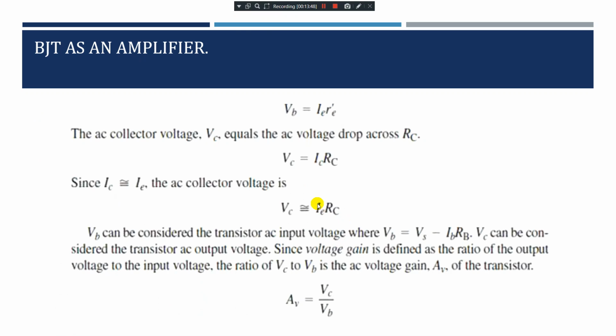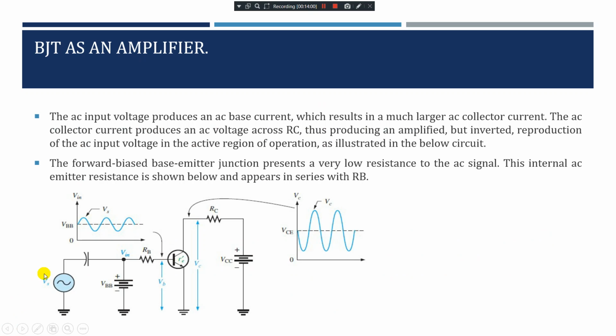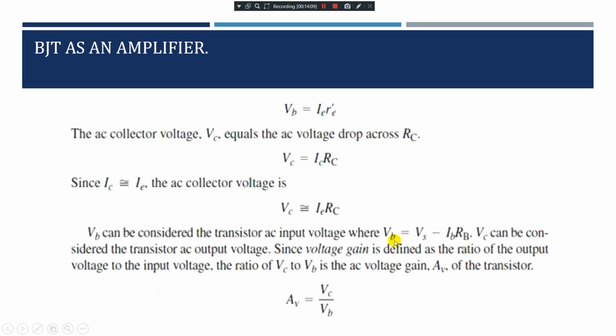VB, base voltage, is equal to voltage source, input source, minus IB into RB. Vs minus the current flowing through the base, IB into RB. If you do this, you will get VB. IB into RB is nothing but the voltage, because as per Ohm's law, current into resistance is equal to V.